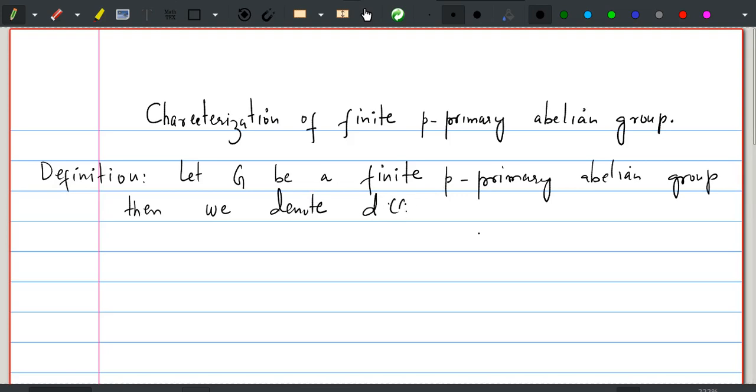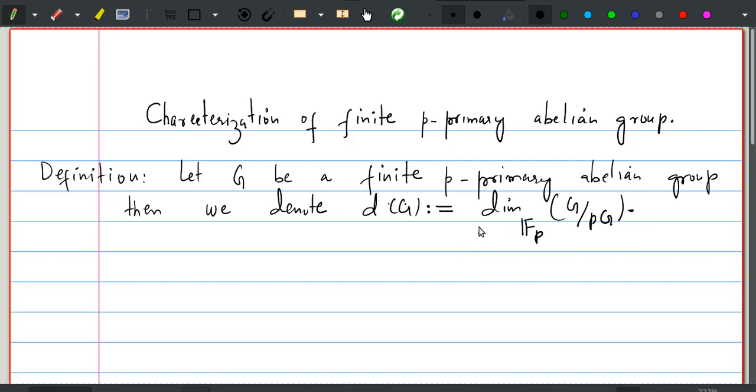This is the definition. So we denote this to be the dimension of the vector space G mod pG over the field F_p, a finite field of p elements. Then we had this characterization of p-primary abelian groups with d(G) equal to 1.